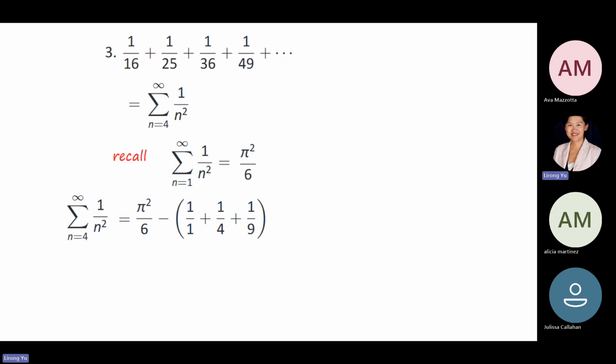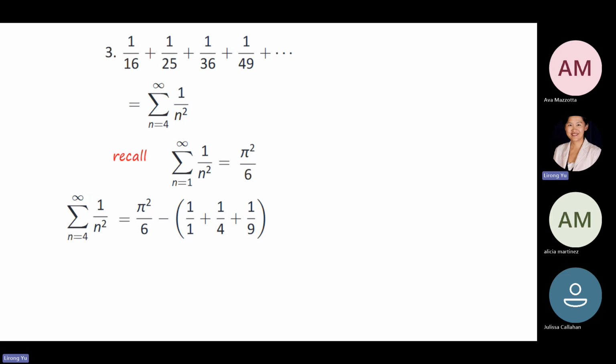The first few terms are not in the whole summation. Therefore, all we have to do is subtract them: 1 over 1 squared, 1 over 2 squared, 1 over 3 squared. We get rid of them from pi squared over 6. That's the answer to this question. So if we don't have that many terms in the summation, all we have to do is subtract them. Any questions?